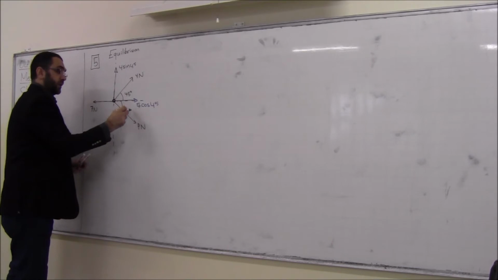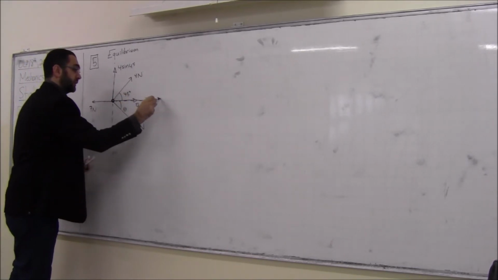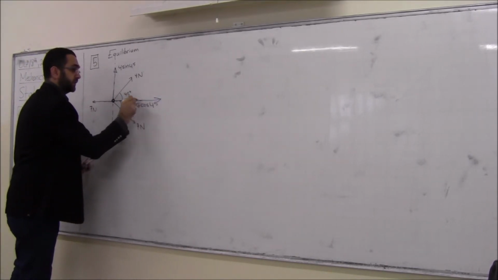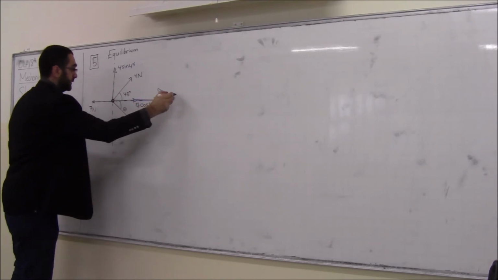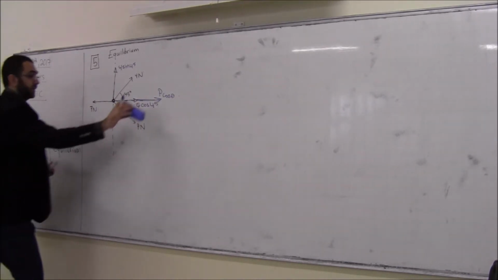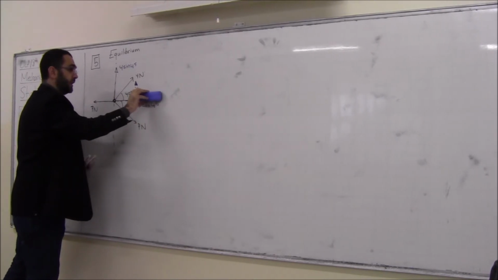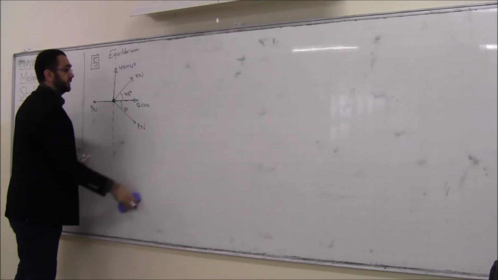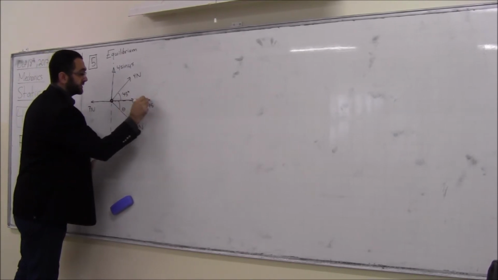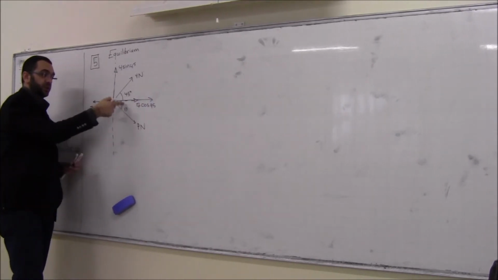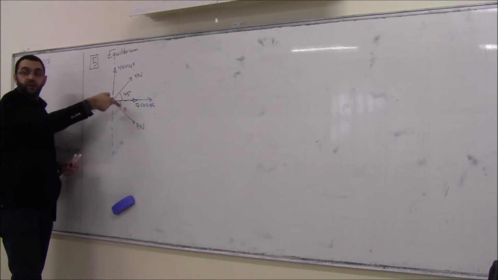Look at P. Here we will have P cosine theta, right? Why P cosine theta? Because the angle is given with the x-axis.